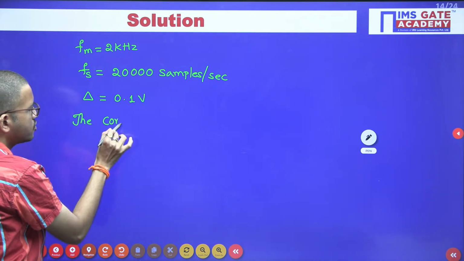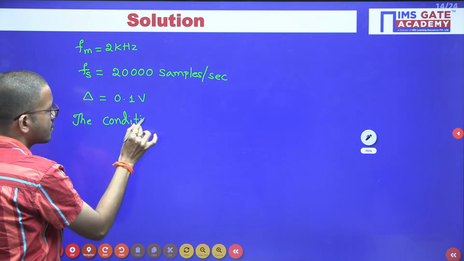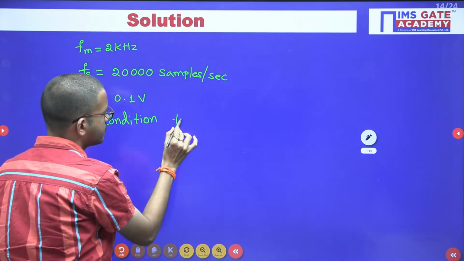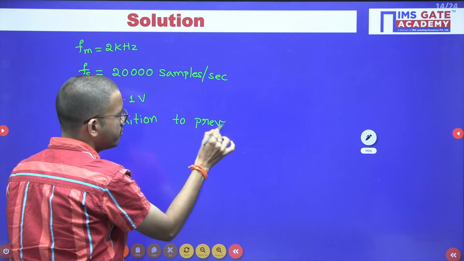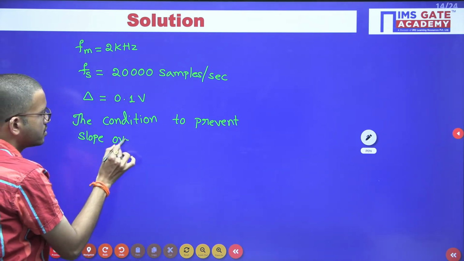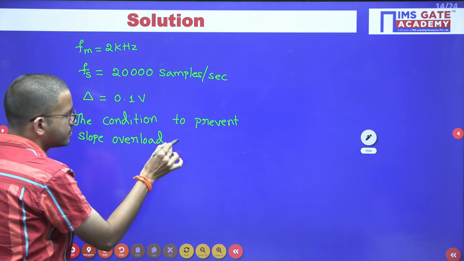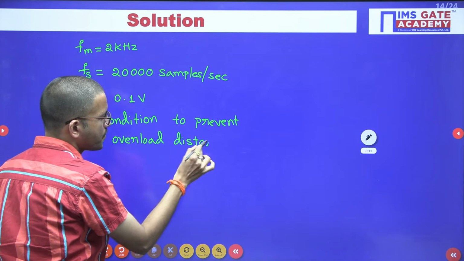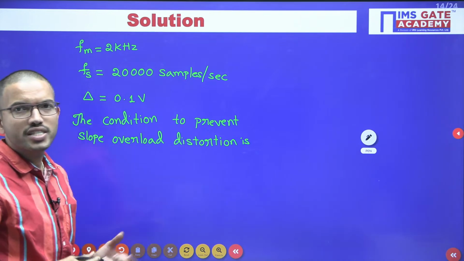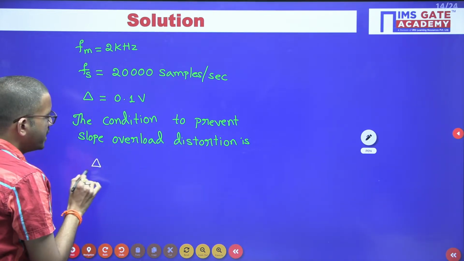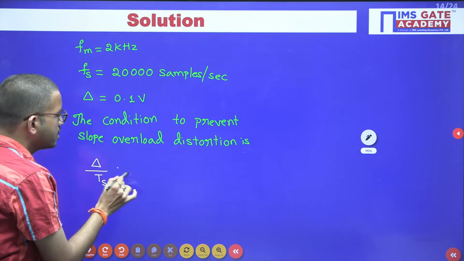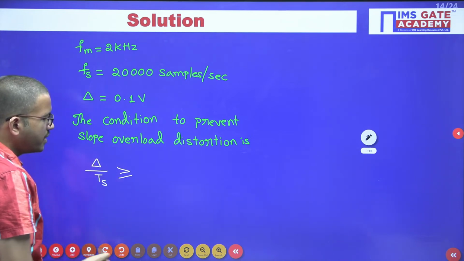So here the condition to avoid or to prevent slope overload distortion is delta by Ts greater than or equal to AM 2 pi FM. Here the step size you have to increase.